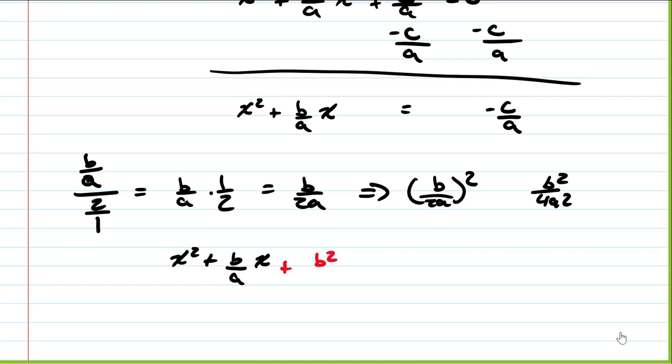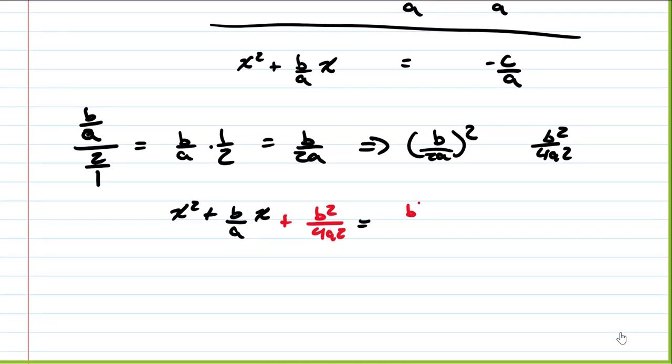plus b squared over 4a squared is equal to b squared over 4a squared minus c over a. So then in order to simplify, he needed to collect his like terms, and so he needed to get a common denominator.